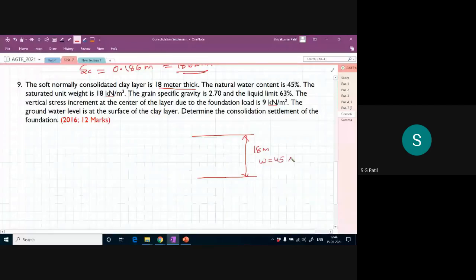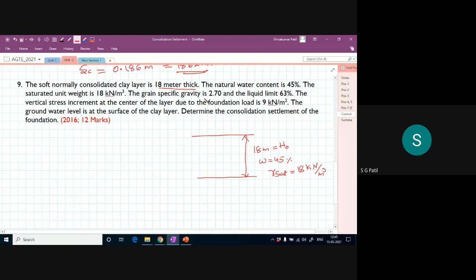The natural water content is 45%, so W is equal to 45%. So this H naught is the thickness of the compressible clay layer. The saturated unit weight is 18 kilonewton per meter cube, so gamma sat is 18 kilonewton per meter cube.